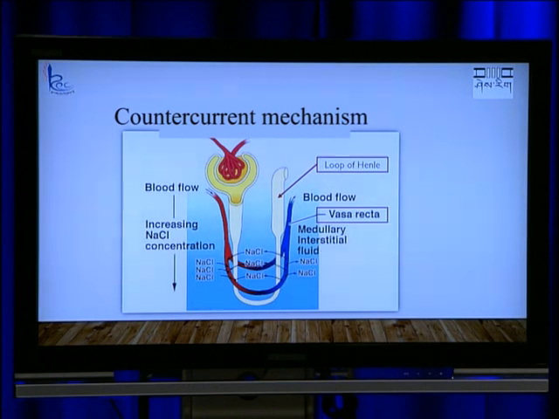So, this countercurrent mechanism is the one that helps to retain the water in our body, and in fact, it is regulated by a hormone called antidiuretic hormone, ADH, which will control and see that the required amount of water is absorbed, and the urine does not become too dilute.